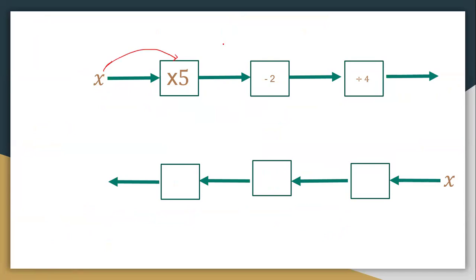Members, what shall we have as our output for the first part? 5x, very good. So here we shall have 5x. After having 5x, we continue. Megan, tell us, when we put 5x here, what shall we have as our output?